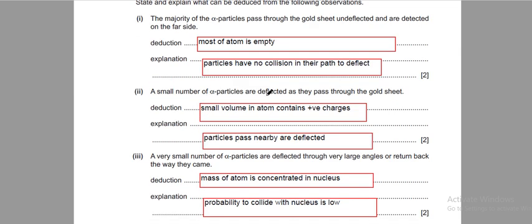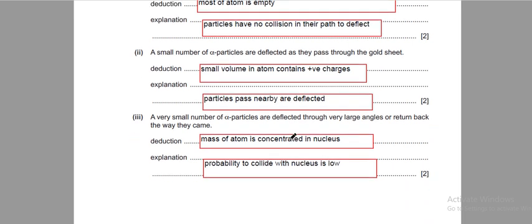A small number of particles are deflected. It means, first, that a small volume in the atom contains positive charge. Particles passing nearby are deflected. A very small number of alpha particles are deflected through a very large angle and return back the way they came.